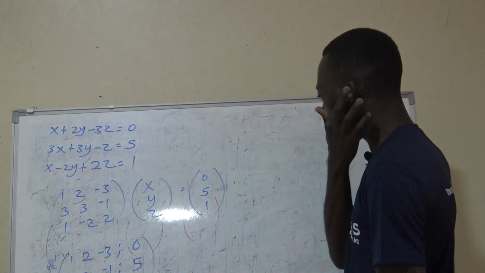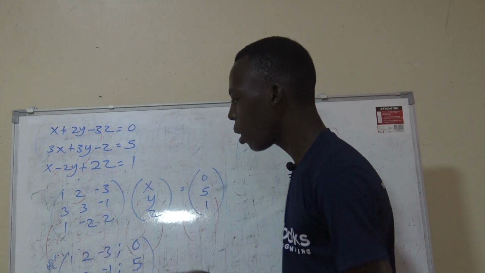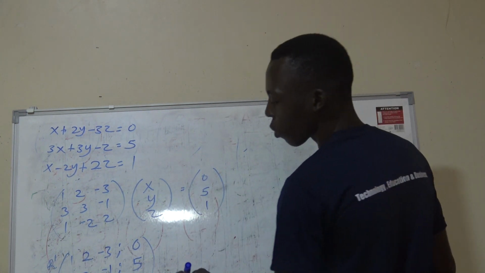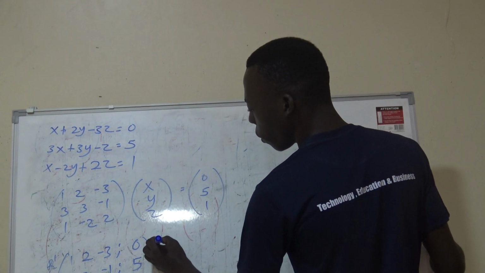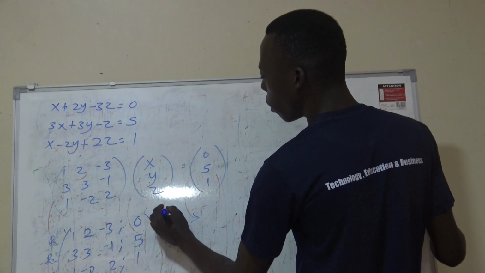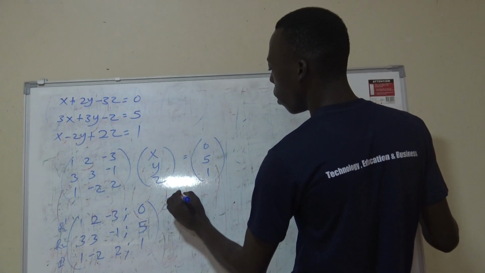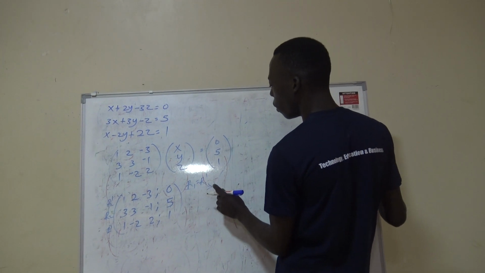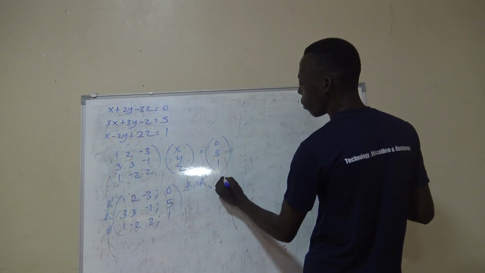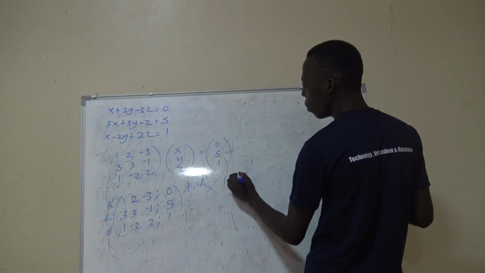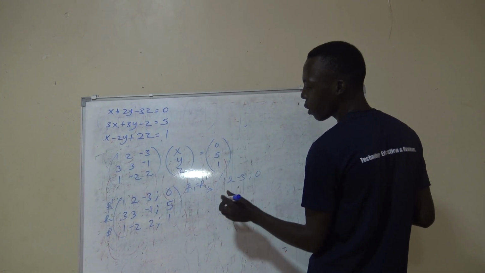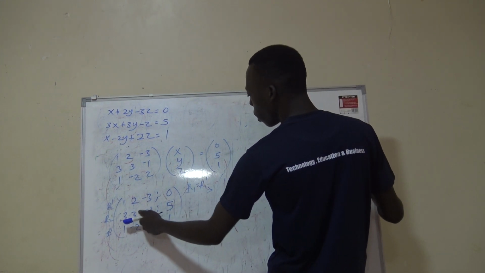So we begin. This one is already 1, so we have to make the entries below it 0. For the first one, R1 must be the same as R1 prime, so it is 1, 2, negative 3, then 0.